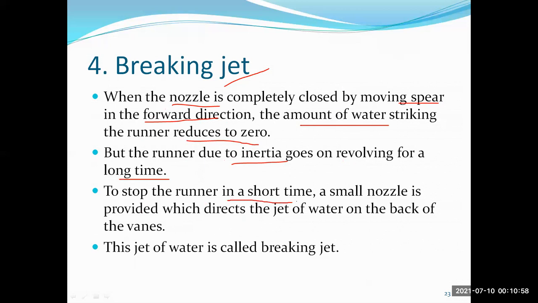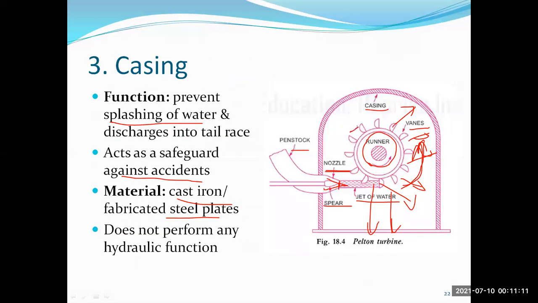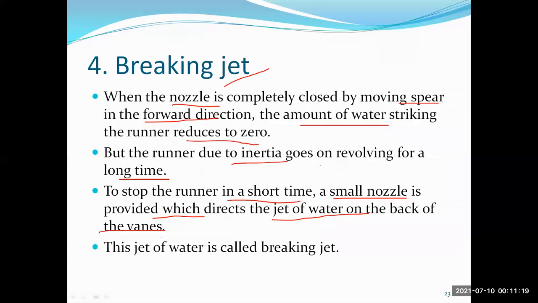To stop that runner in a very short time, a small nozzle is provided which directs a jet of water on the back of the vanes. Here, on the back of the vanes, a jet of water has been provided by the nozzle to stop the rotation of the runner. That particular jet of water is called the braking jet.